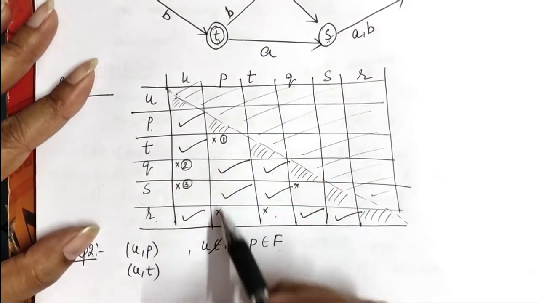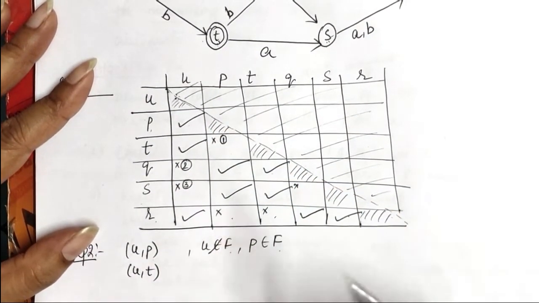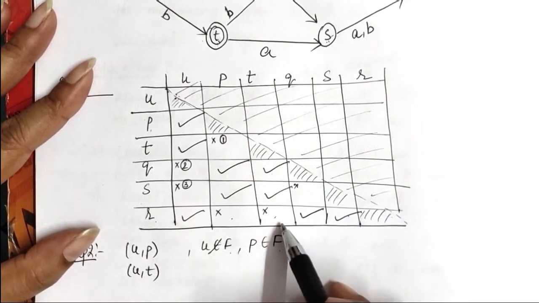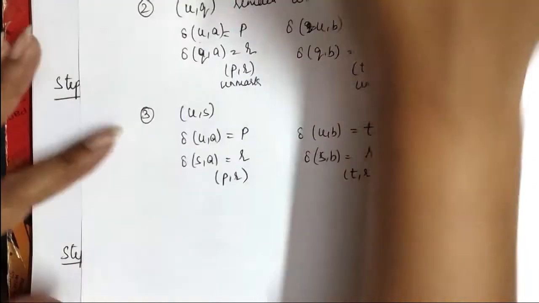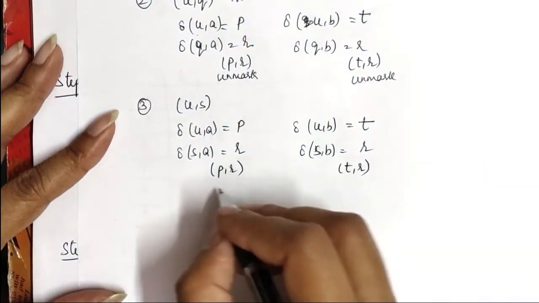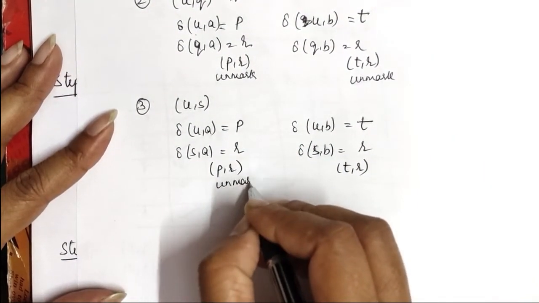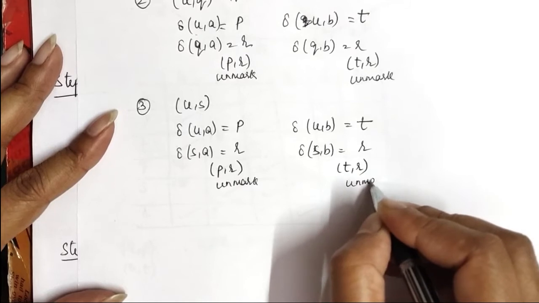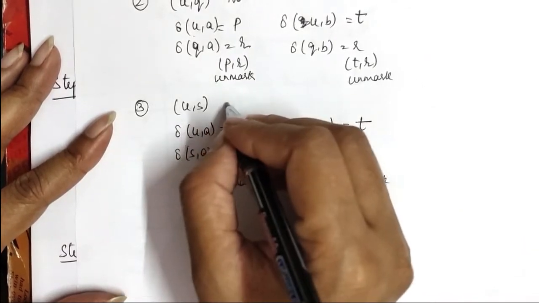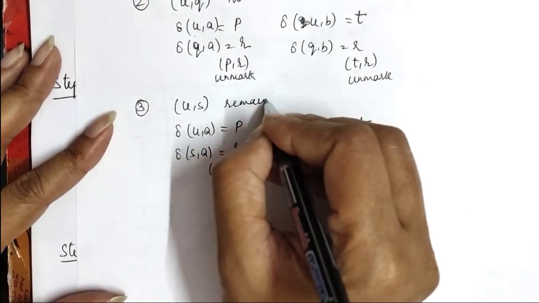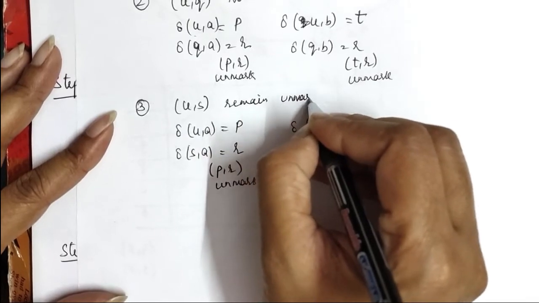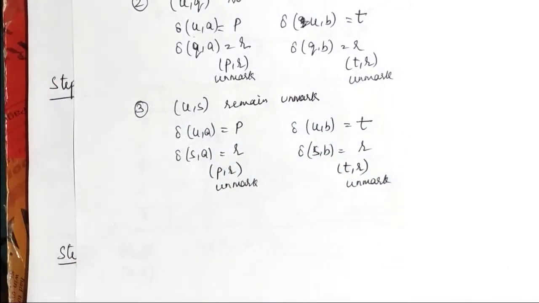P comma R is unmarked, and T comma R is again unmarked. So we leave this pair U comma S, number 3, unmarked.